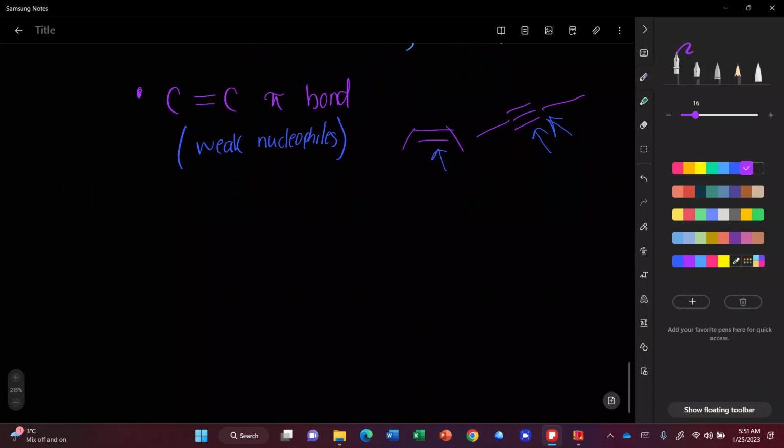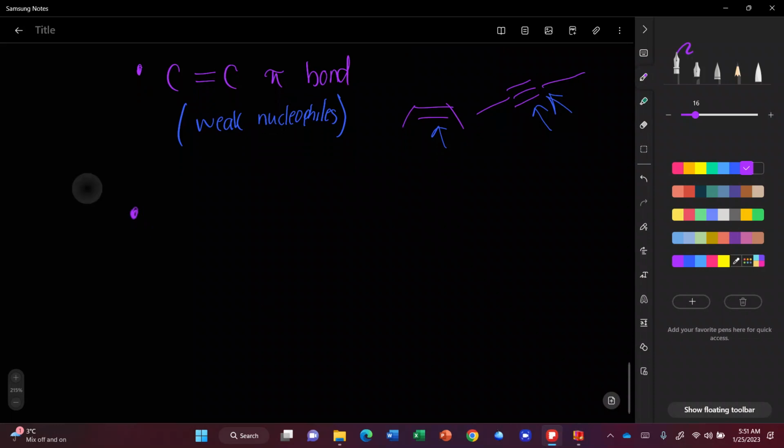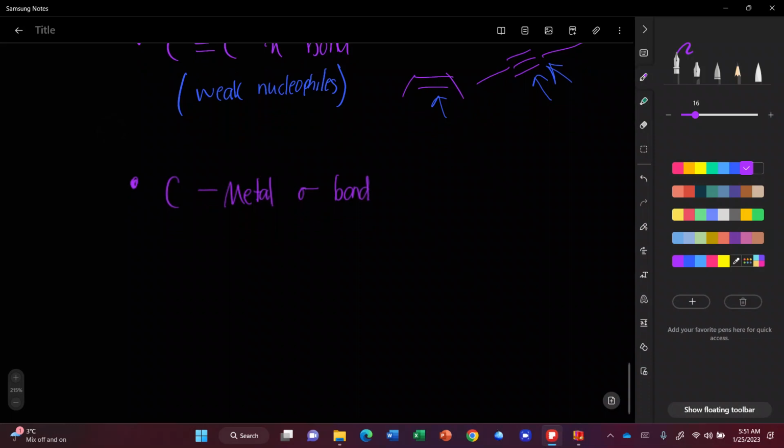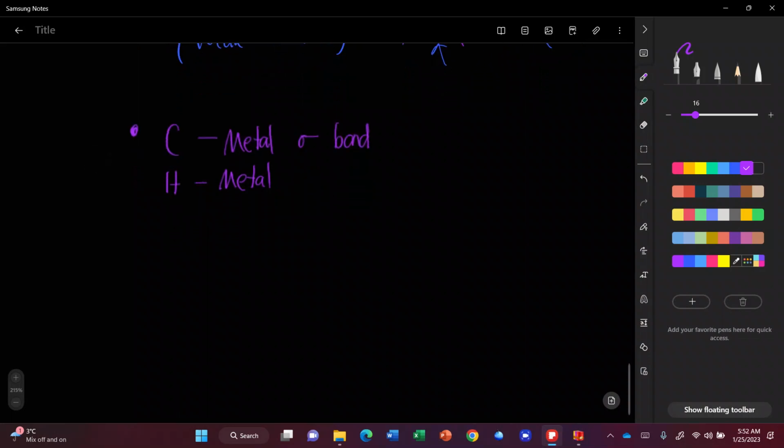The third and final example of a nucleophile is going to be a carbon-metal sigma bond. Sometimes they're actually hydrogen-metal sigma bonds as well, but that's the third example. You see these all the time when you're working with things like Grignard reagents. Lithium aluminum hydride is an example of this.